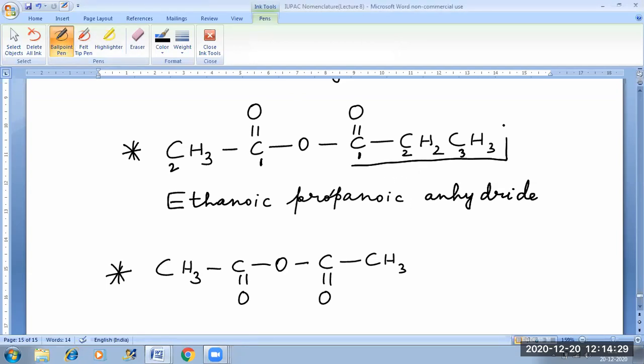This is one single part, and this is the other part. So ethanoic, propanoic, anhydride.